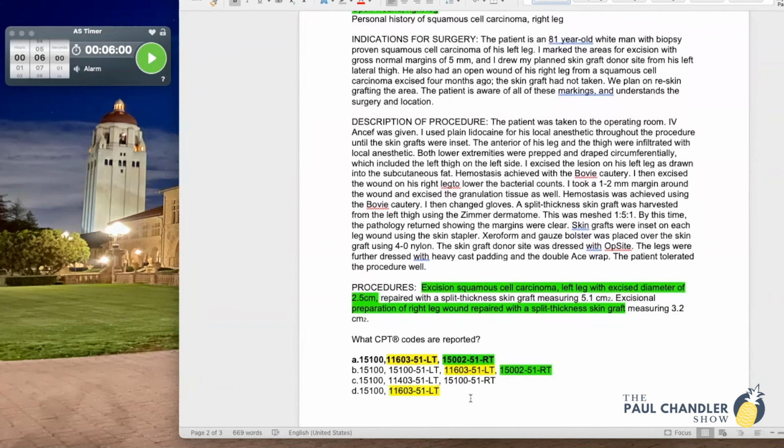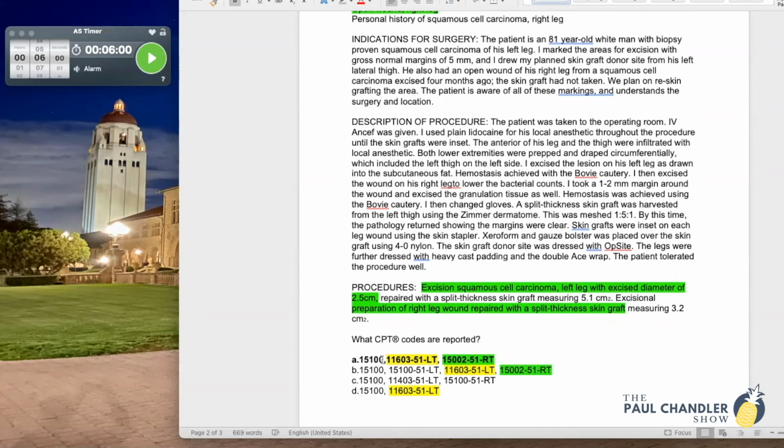And then in the second option, the first code 15100 is in there all 4 times, so that had to be correct. And then 11603 was in there 3 times. And then 15002 is in there twice.